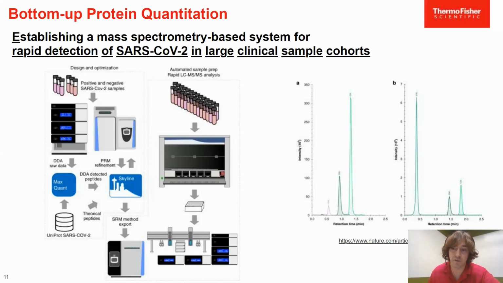This was used to develop TSQ-Altis-based methods for the detection of SARS-CoV-2 and was sensitive enough to detect 84% of cases detected by their in-house PCR testing. Two specific peptides were targeted, and detection limits of below 50 femtomole on column were achieved for both of these peptides.